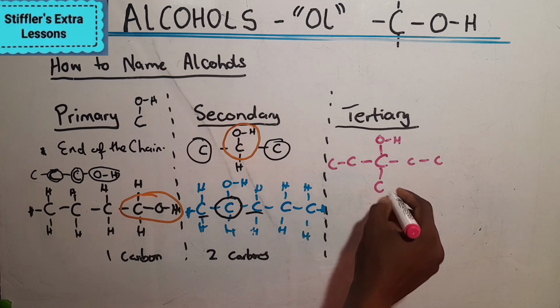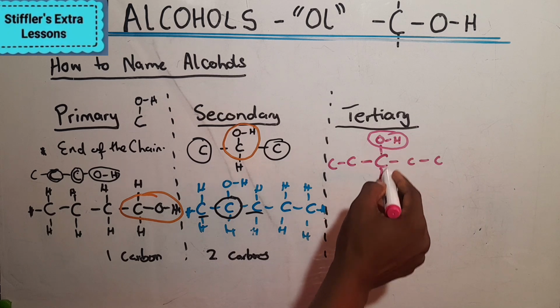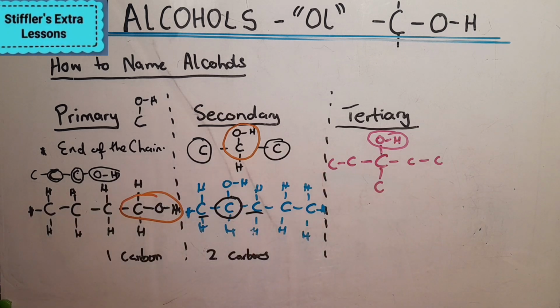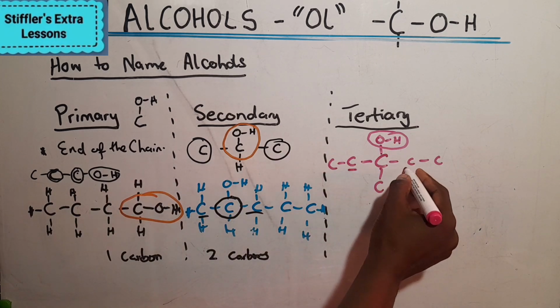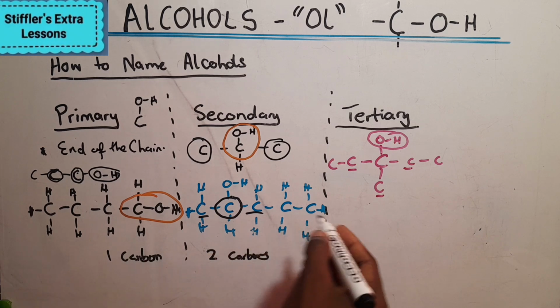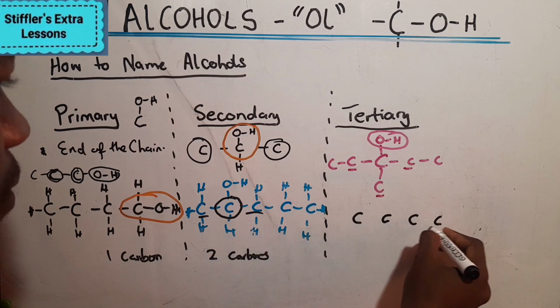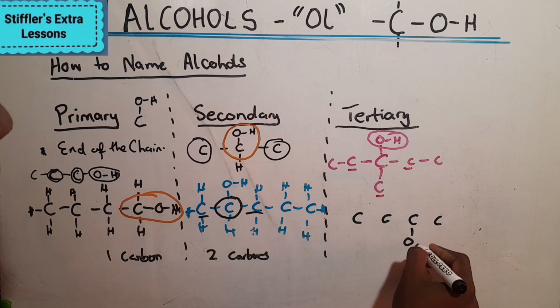If you can see, this carbon that is carrying this hydroxyl is bonded to three other carbons. So it means this carbon, and that carbon. It's more like where there is this hydroxyl, there is also a branch on that. So to draw an example, we can have something like this.